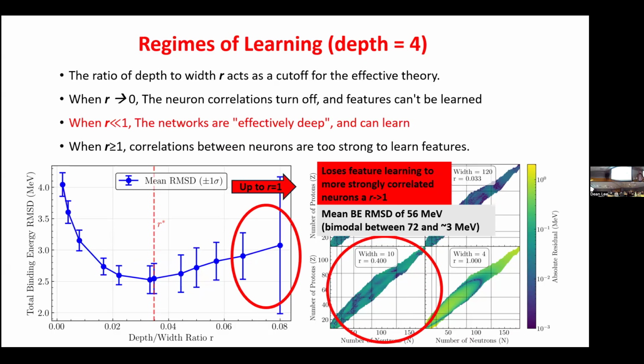Your probability distribution for your outputs ends up becoming either somewhere around 3 MeV like we had before, or it just finds whatever gives this guy here and gives you a distribution centered at around 72 MeV, because it tries its best to learn this and finds a minima for this given loss function. We're using mean absolute error, but it can't actually do it because the neurons are too correlated in the theory. Once you enter that non-perturbative regime, it really loses its ability to do anything.